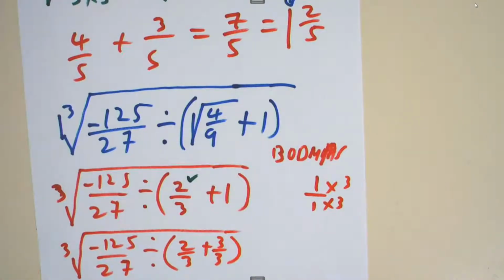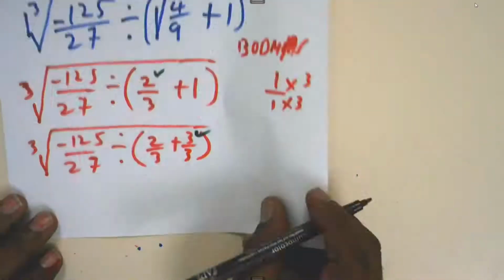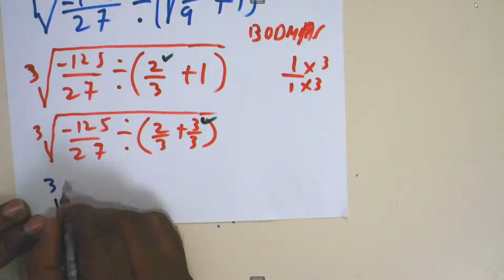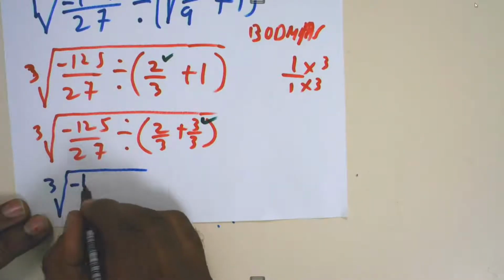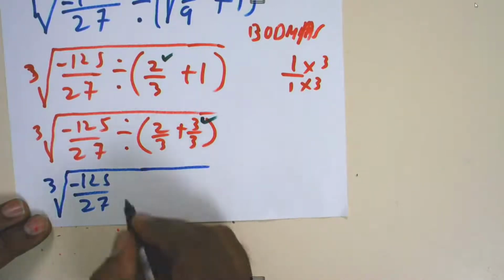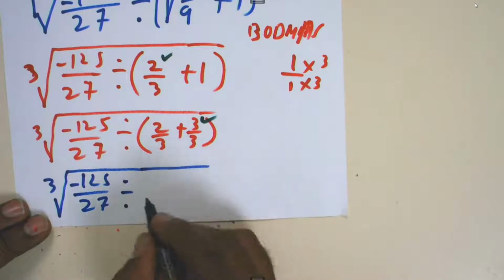Step by step process is mathematics. Mathematics, like anything in life, is a step by step process. Okay, cube root. We'll be looking for those twins. We'll get there. But before we get there, we need to simplify what is inside here.